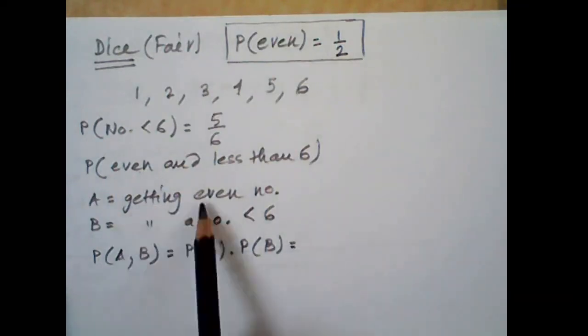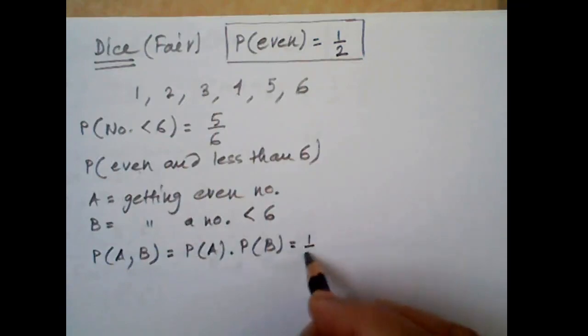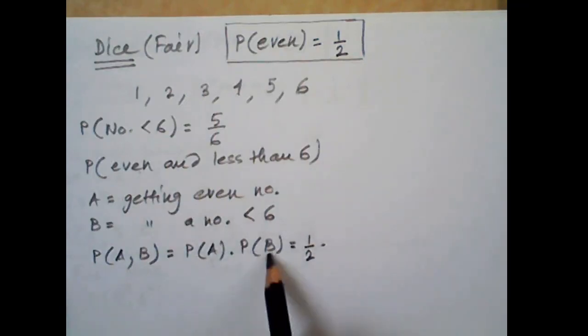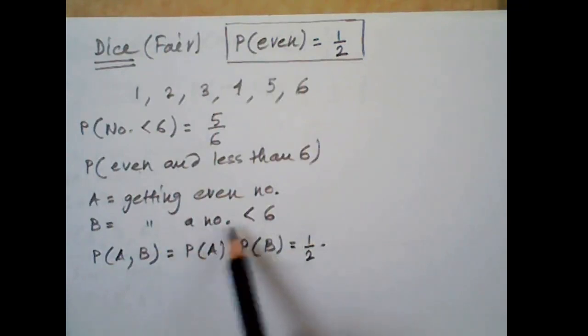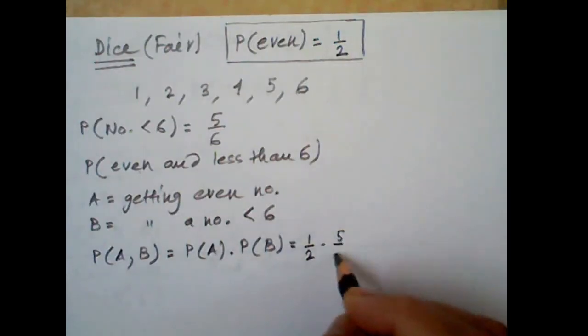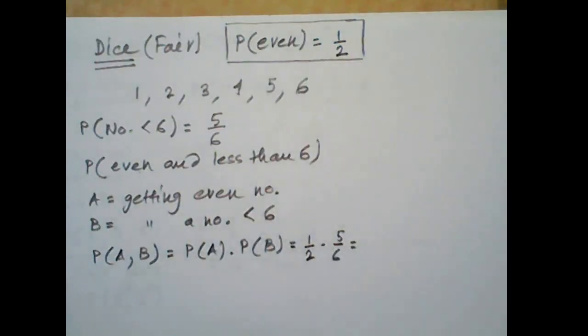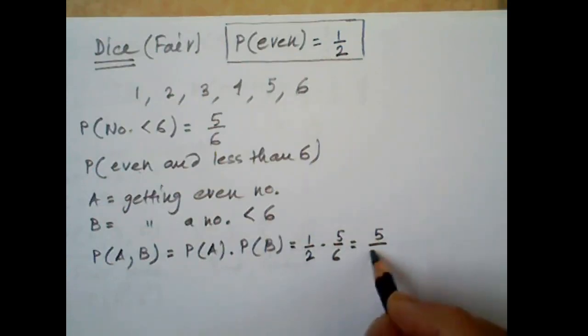What is A? Getting an even number, which is 1/2. So let's put half here. Times probability of B. What is B? Getting a number which is less than 6. And so that is 5 by 6. And there you have the answer: 5 over 12.